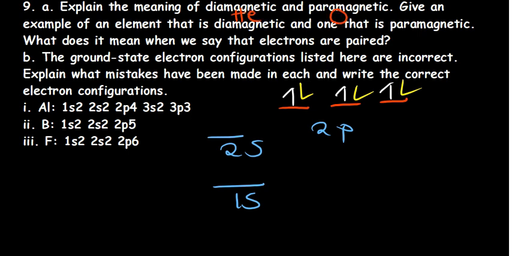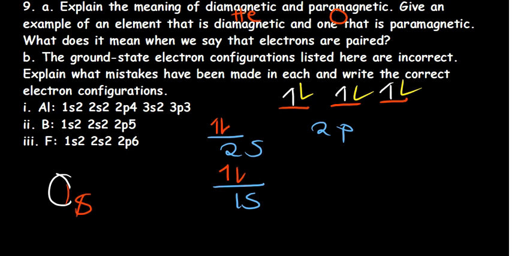So of course we know oxygen has an atomic number of... is it 6 or 8? It's 8 actually. So if you try to fill in the electrons, we're going to have 1, 2, 3, 4.